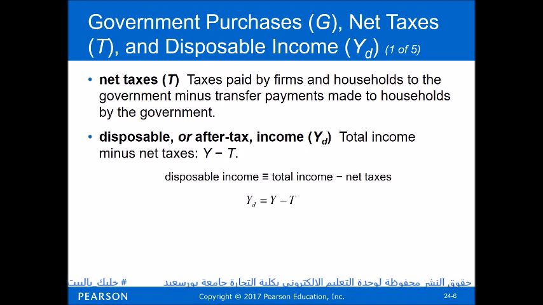Also note that disposable or after-tax income, denoted as Y sub D, or for short YD, is total income minus net taxes. Algebraically, this can be expressed as Y minus T. So disposable income, YD, equals Y minus T: income minus taxes.